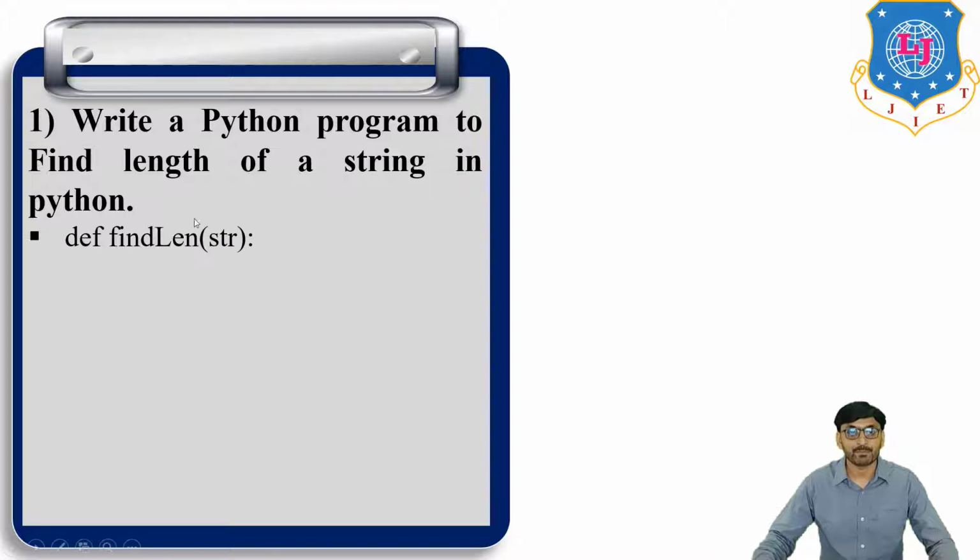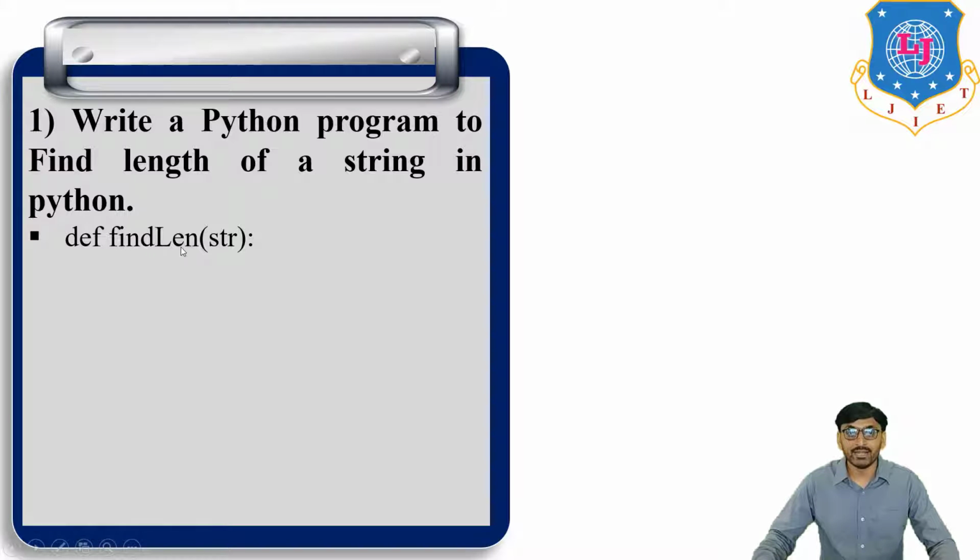Then first step, def find_len and in the bracket str. That is one type of string. So in the first step, this def is a keyword which is used to represent the starting of a function.